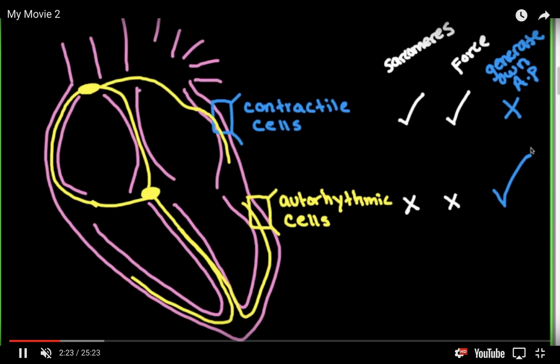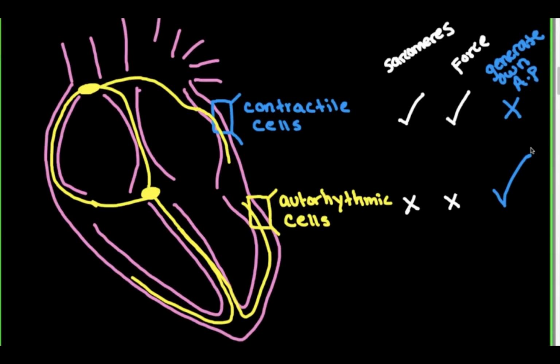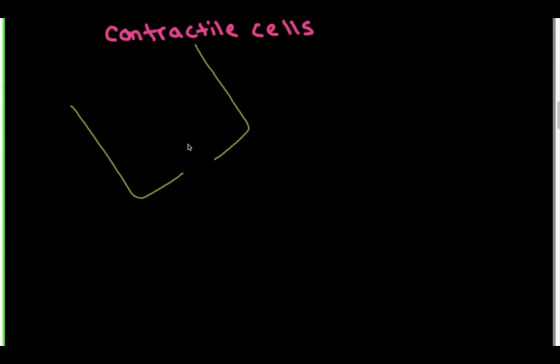So these are the two cell types, and now we're going to dive into contractile cells and look at their anatomy on a more microscopic level and see how that anatomy dictates how they behave. These are the cells that can generate force, the cells that have sarcomeres. If we draw these out, I'm going to draw one contractile cell, shown here in yellow, and a second one, its immediate neighbor.